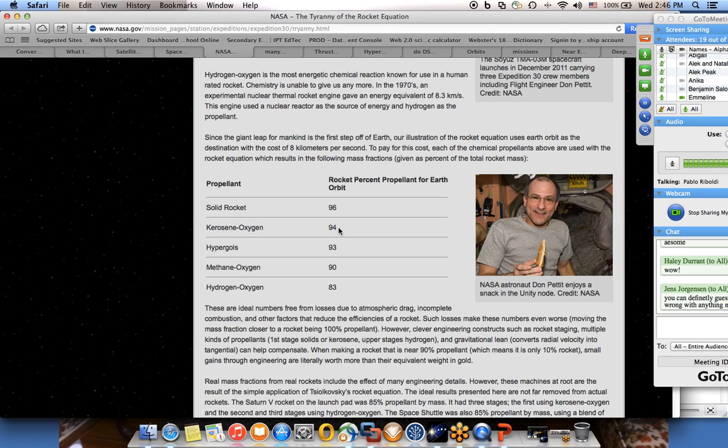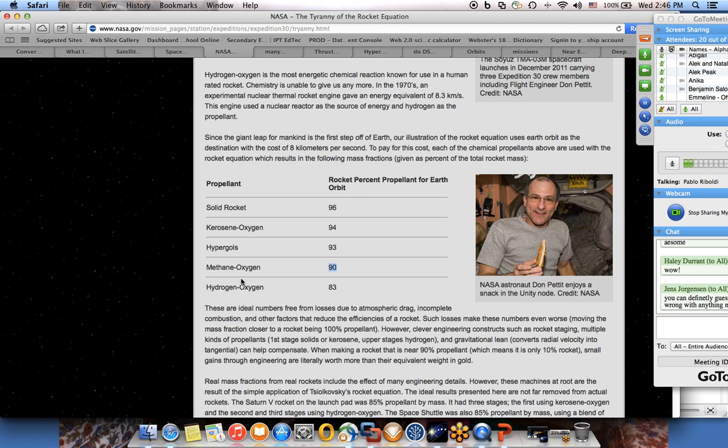So only 6% of the rocket can be something else. All right. If you are using methane oxygen, 90% of the rocket has to start being propellant. So if your probe, what you are going to try to put out in orbit, weighs, let's say, 1 pound, okay, so really, really light, something very small, you need 10 pounds of methane oxygen propellant in order to shoot it out.